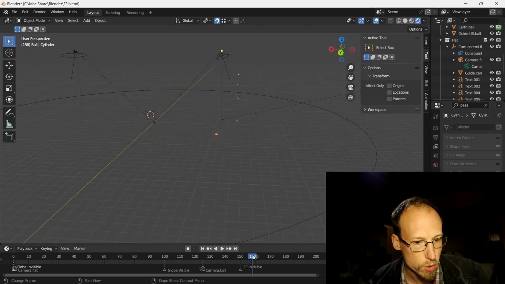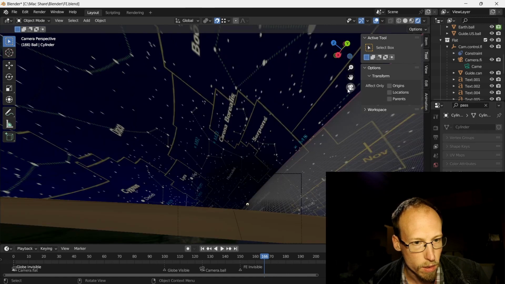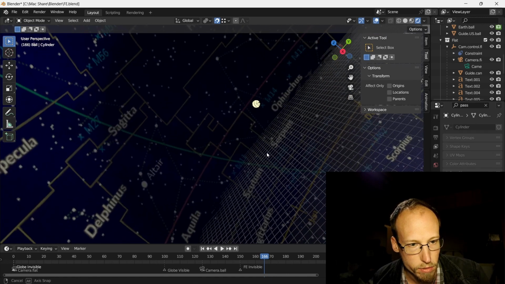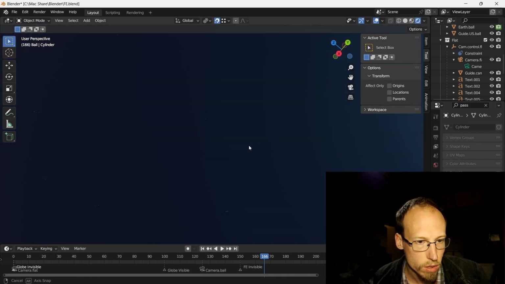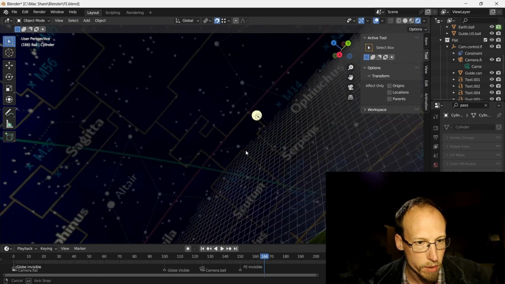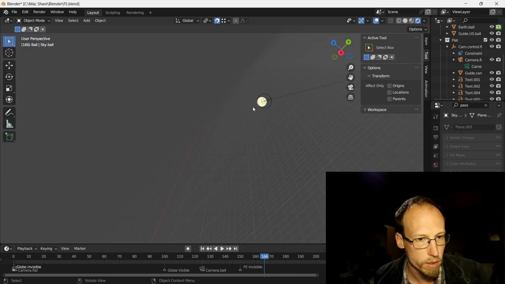So we switch over to the globe and hop over to the camera. This is not accurate, right? I can't replicate it with the sky being visible, but imagine this sun. So get rid of the sky.